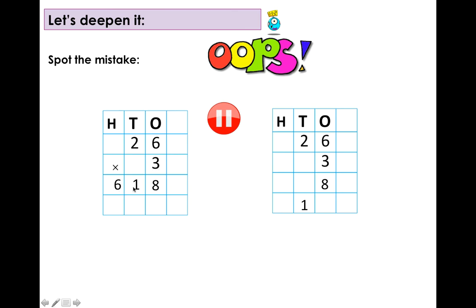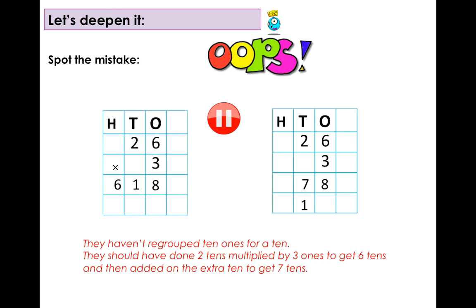They haven't done their regrouping. So we should then do 2 tens multiplied by 3 to get 6 and add on the extra 10 to get 7. So we could say something like they haven't regrouped 10 ones for a 10. They should have done 2 tens multiplied by 3 ones to get 6 tens and then added on the extra 10 to get 7 tens.